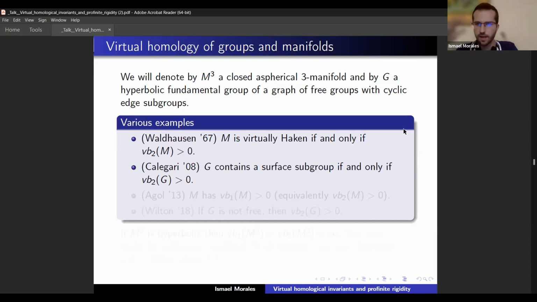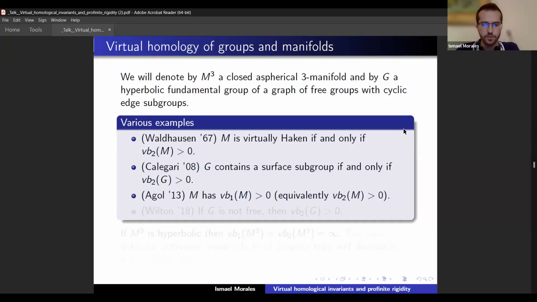But here, of course, I'm hiding part of the story. Calegari states one direction, and the other direction follows from things that were known by then, local quasi-convexity of G and so on. I mentioned some of such results before.